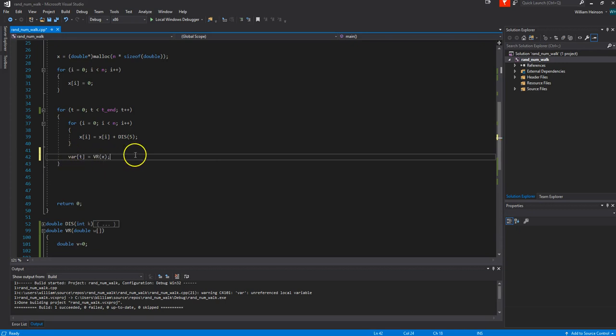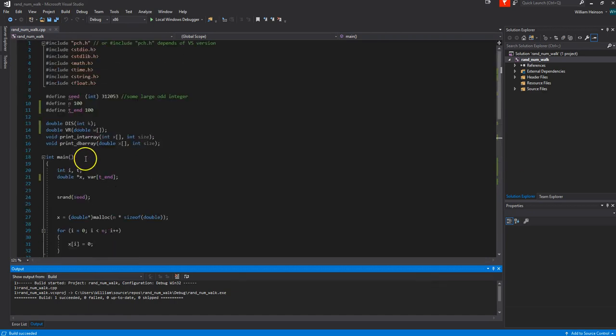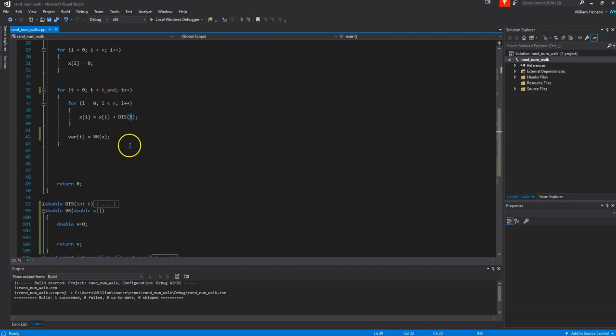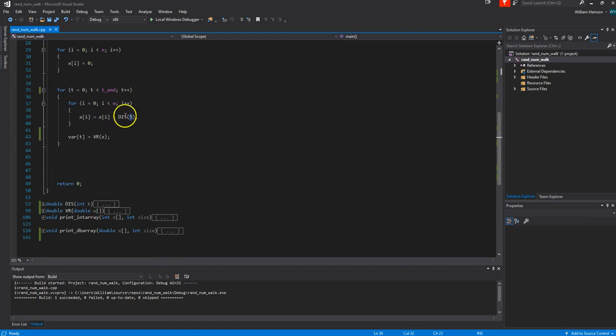This is how we're going to set it up. For a given case, let's go to randomly walk, set it to case 1, and it's going to spit out the variance, and we can look at it.